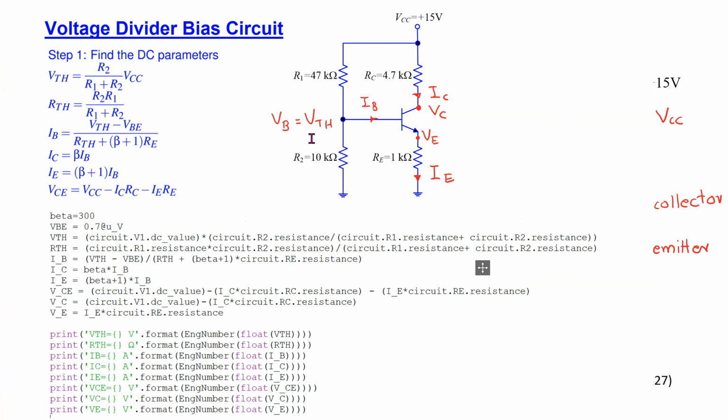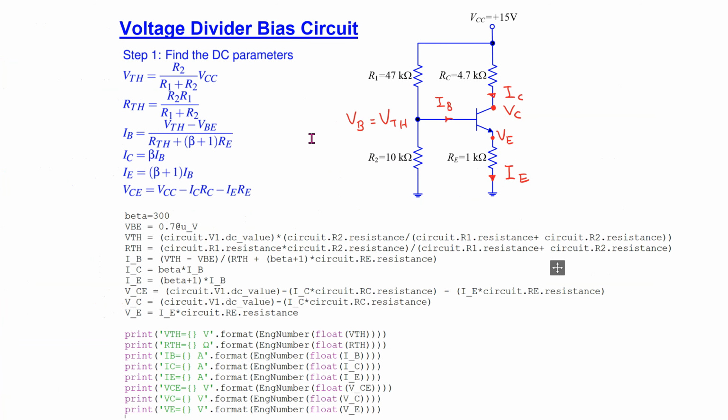The voltage divider bias circuit can be analyzed using the equations shown here. IB, IC, and IE are the BJT currents. VB, VC, and VE are the BJT terminal voltages with respect to ground.